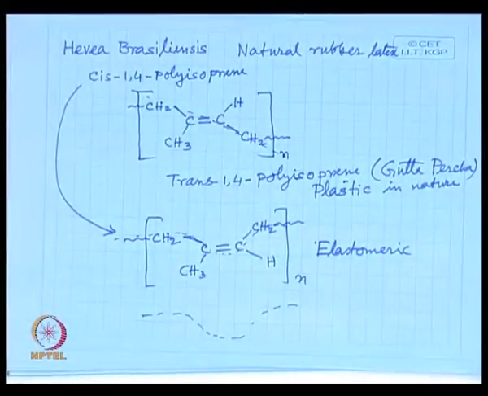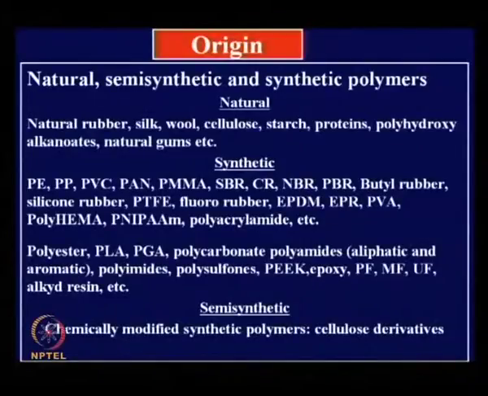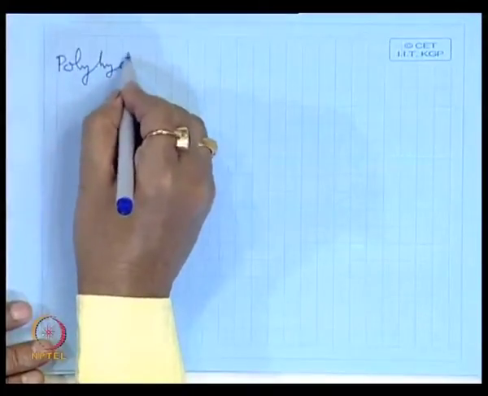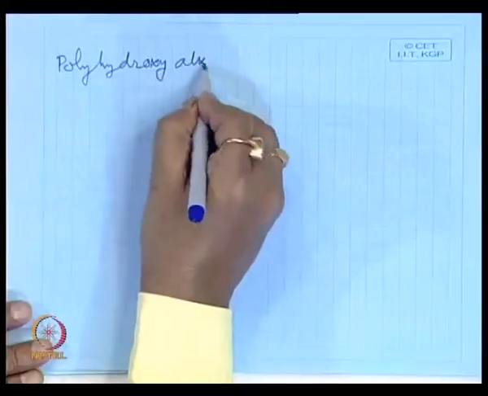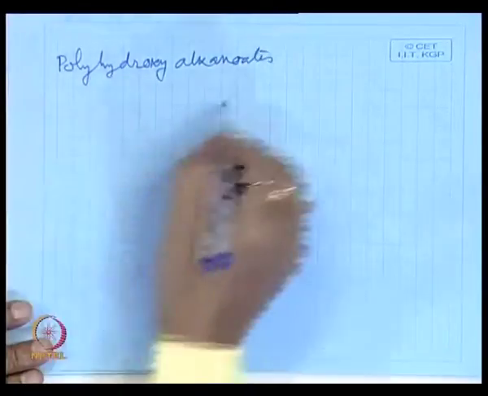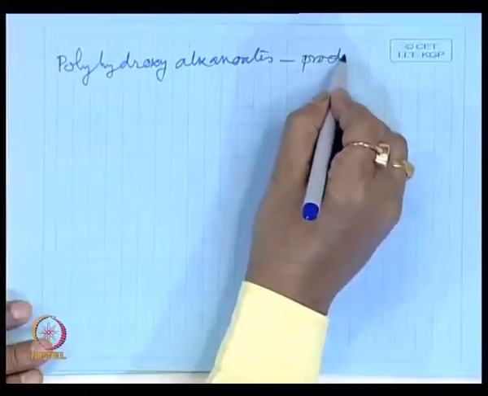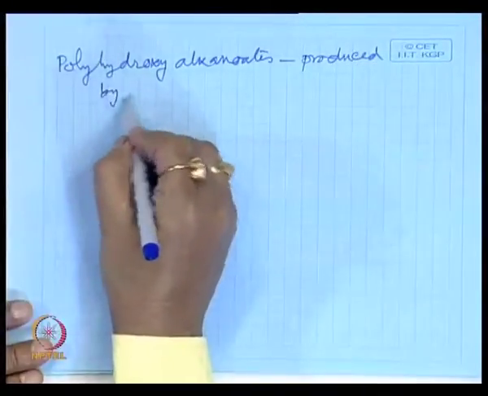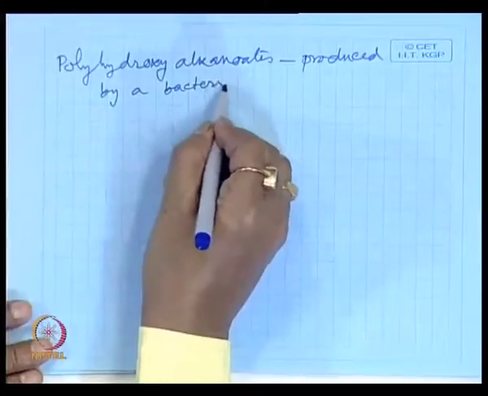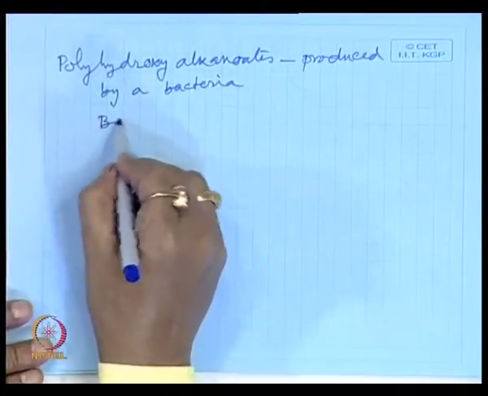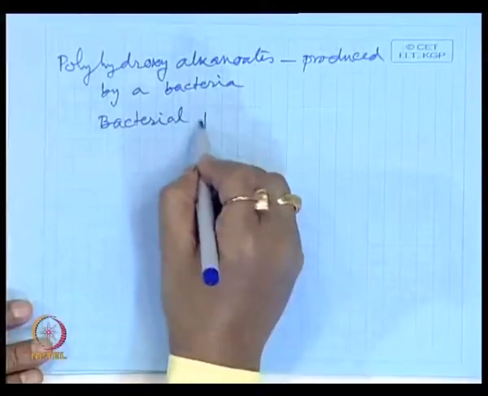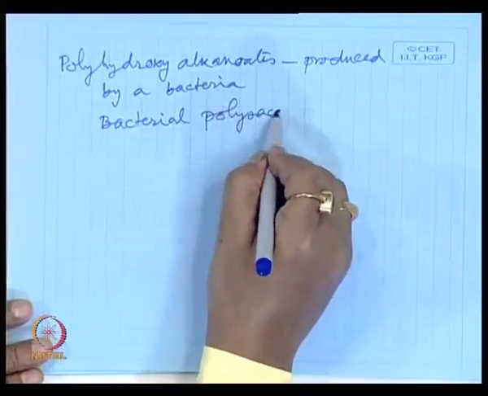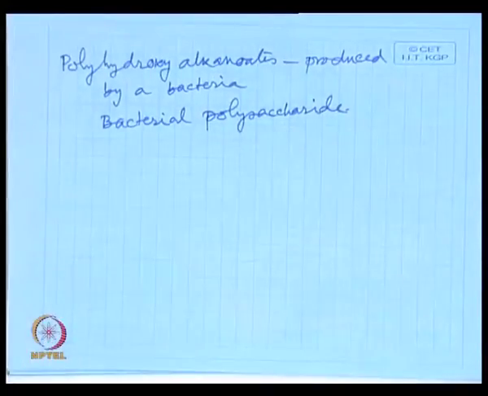And polyhydroxyalkanoates, what are polyhydroxyalkanoates? These are bacterial polysaccharides. This is a naturally occurring polymer.